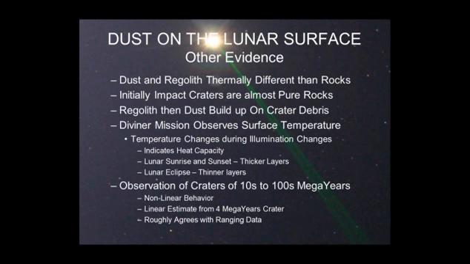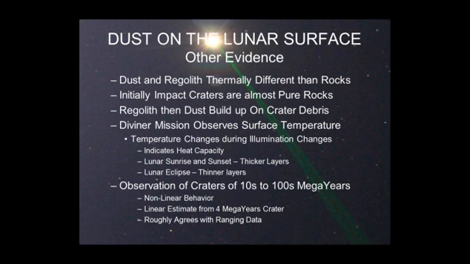How do we know this? How do we get information on how much is produced? The dust and regolith are thermally quite different than the rock surface. The specific heats are different, and so as the temperature changes, one gets different performance. When the regolith builds up on this crater, the rock debris from the crater, the temperatures are indications of whether there's dust on it, how thick the dust is.